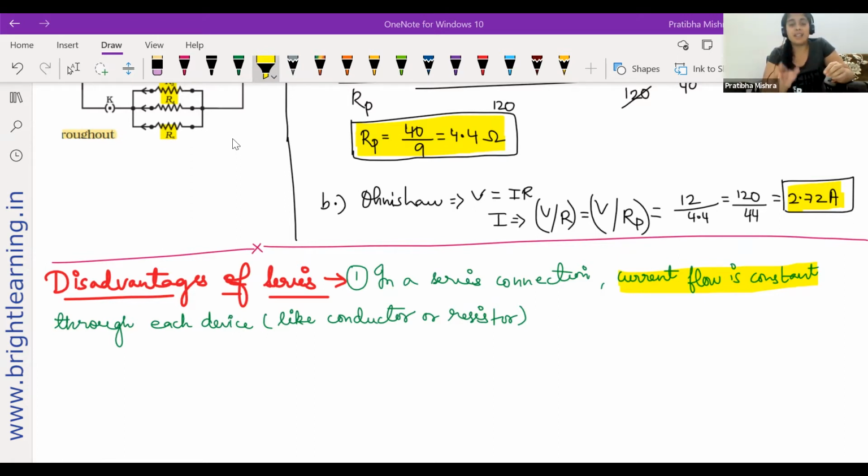All the electrical gadgets require a different amount of electrical energy to operate. They cannot work on the same energy, so we cannot connect them in series, right? All cannot take the same current, so that's a disadvantage in series connection.